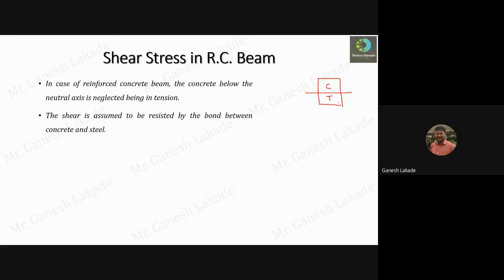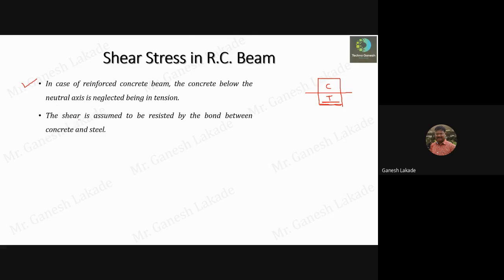Concrete is weak in carrying tensile stresses, so whatever concrete is present here is of no use actually. To carry these tensile stresses, we provide the reinforcement here. So this concrete is not going to take any tensile stress, as per the assumption that tensile stress in concrete is neglected. That's why we write this statement.